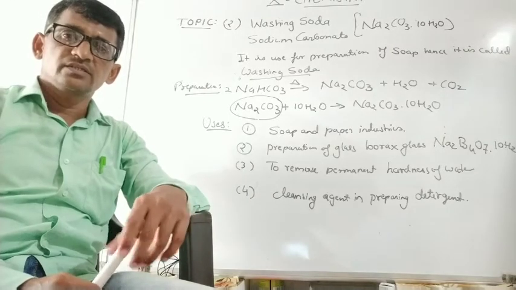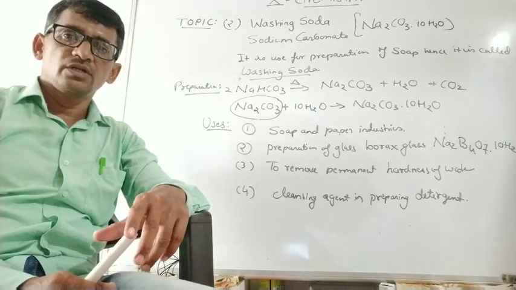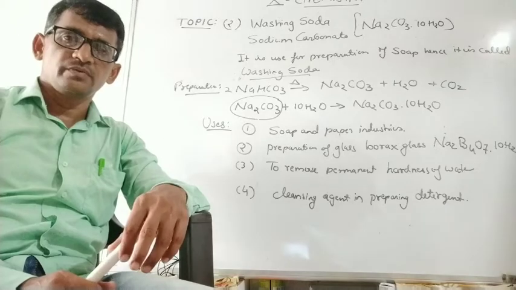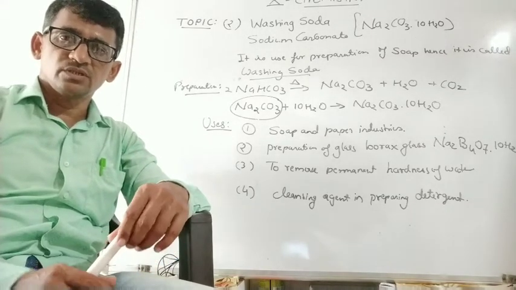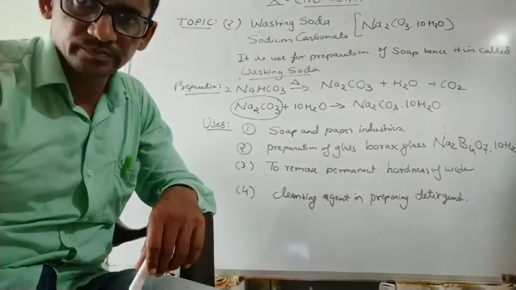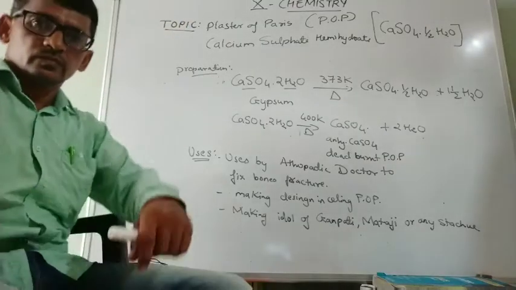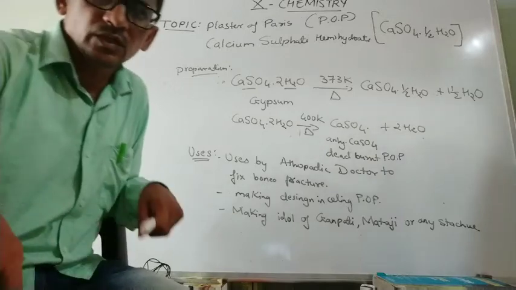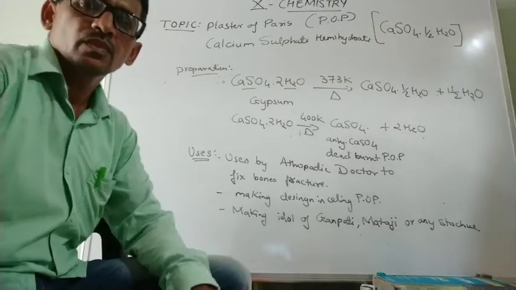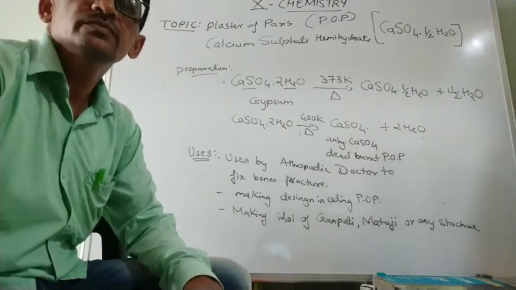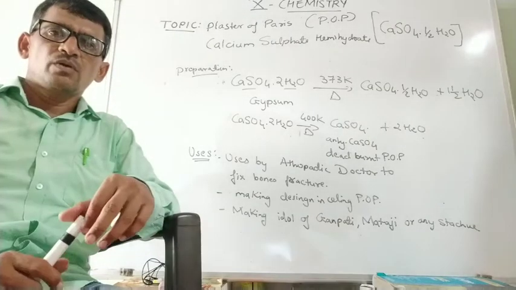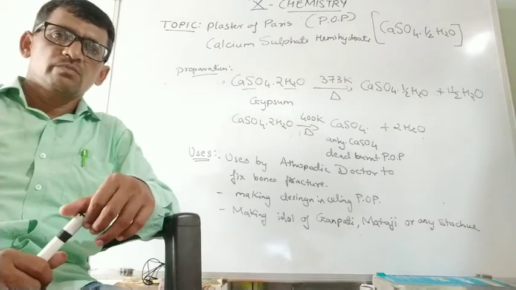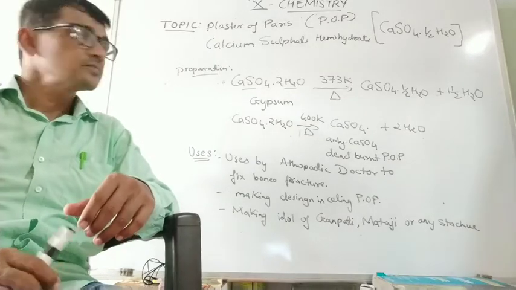Third one, that is plaster of Paris. In short, it is known as POP. That is prepared from raw material known as gypsum. Third compound is POP, plaster of Paris.